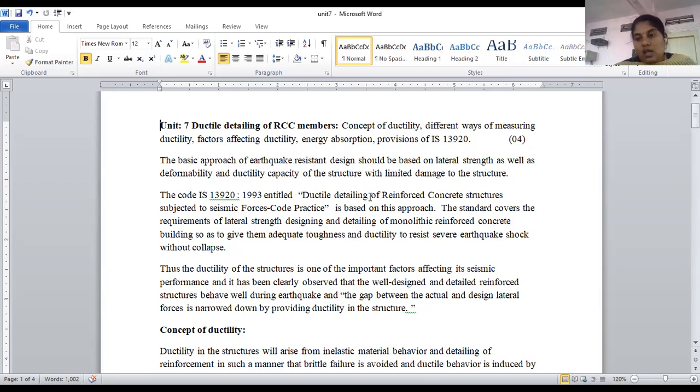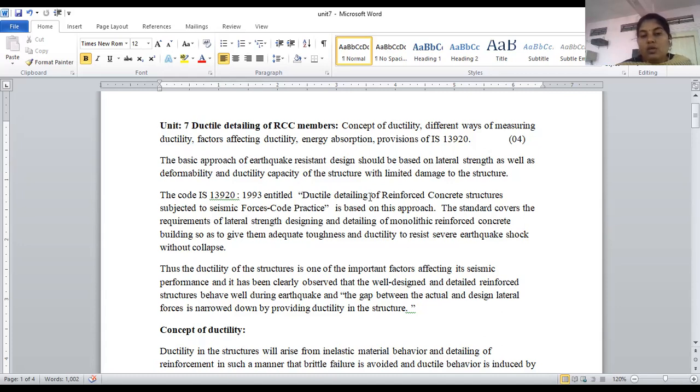But beyond these basic concepts, we have to increase the strength with respect to the ductility parameter also, because ductility will be very helpful in increasing the strength to resist dynamic forces like the earthquake forces coming on the structure.